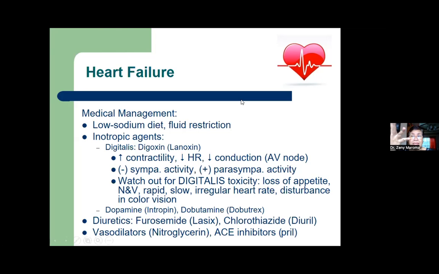It increases the force of cardiac contraction. Positive inotropic effect. Kasi it strengthens. Decrease heart rate, e diba? Negative chronotropic effect. It decreases heart rate. It decreases conduction, negative dromotropic effect.